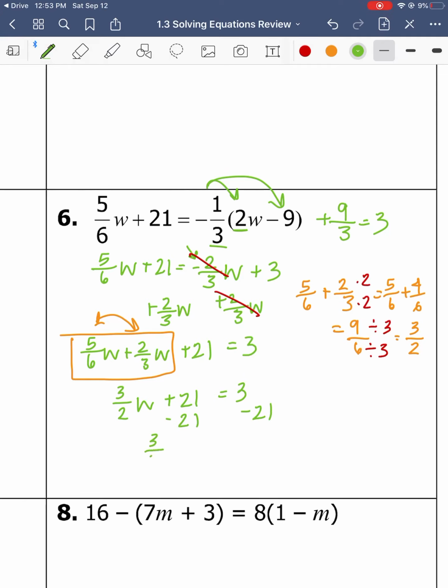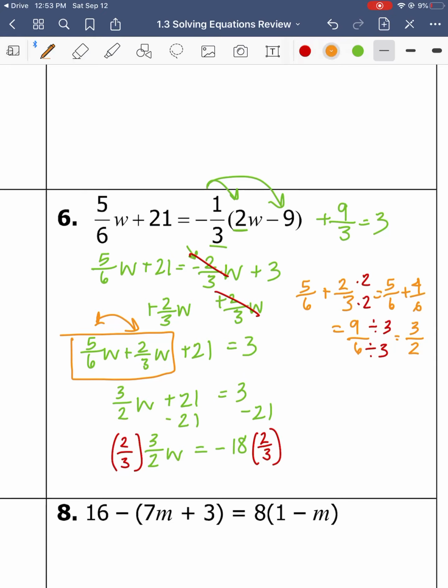So we're left with 3 over 2w is equal to 3 minus 21, which is negative 18. Okay, and then we're going to multiply by the reciprocal here to get rid of the 3 halves w, or we'll multiply by 2 over 3. We'll have to do that on both sides.